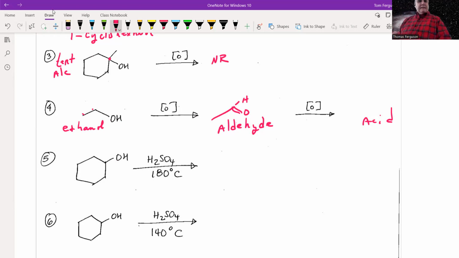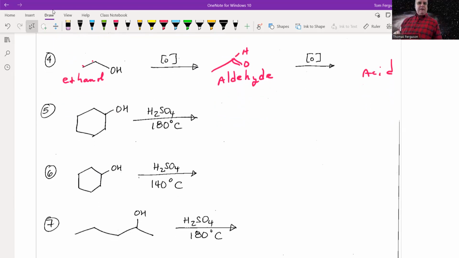Okay, right? So here we have an alcohol, secondary alcohol, and with sulfuric acid or an acid environment, 180 degrees. Okay, that's going to produce an alkene, but it requires kicking off water. So where's the water?